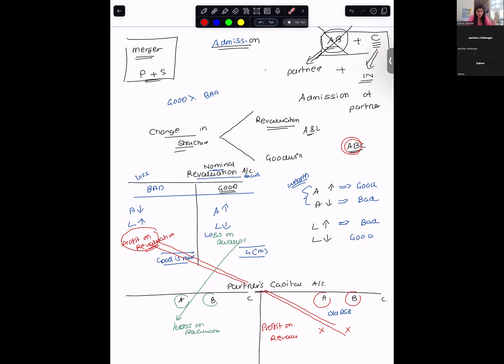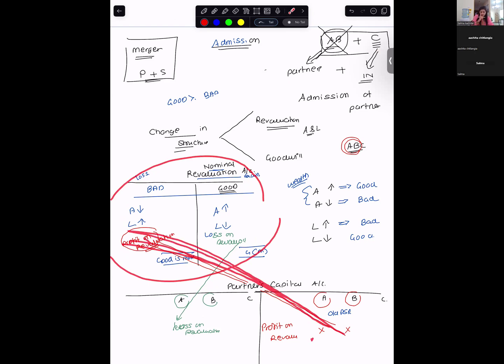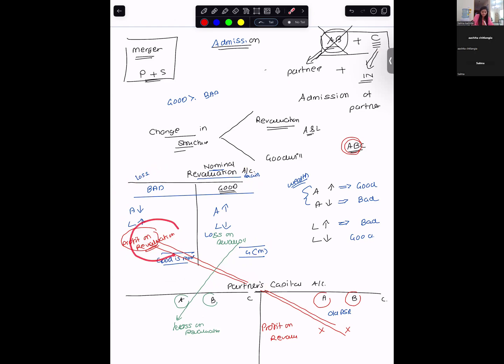If I make a revaluation account, I can do all of this and transfer the profit on revaluation, here debit, here credit. But now I don't have to make a revaluation account, but I have to incorporate everything directly in the partners capital account.